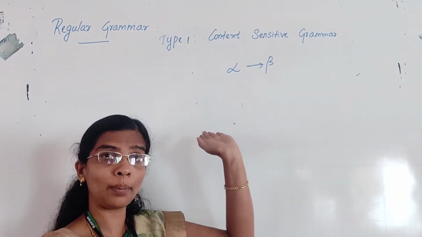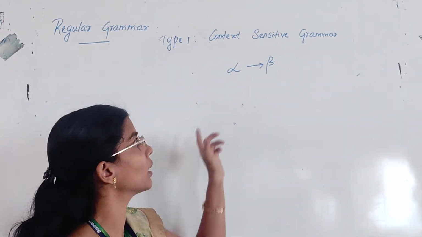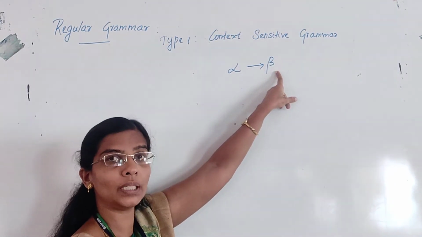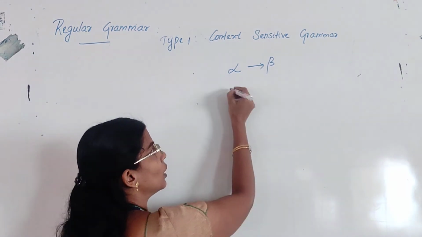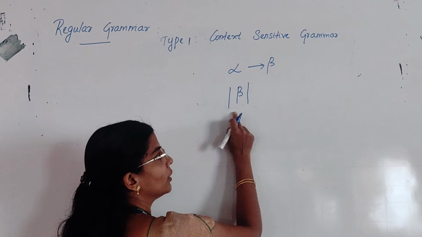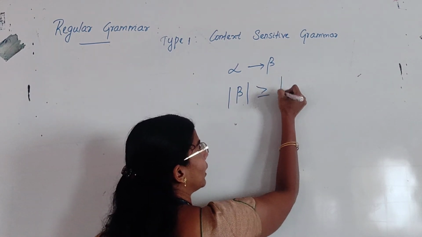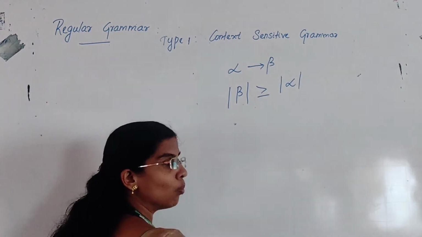In phase structure grammar, there is no restriction in the length of alpha and beta. Here there is a condition in the length of beta. How will I calculate length? Using mod. Length of beta should be greater than or equal to length of alpha.